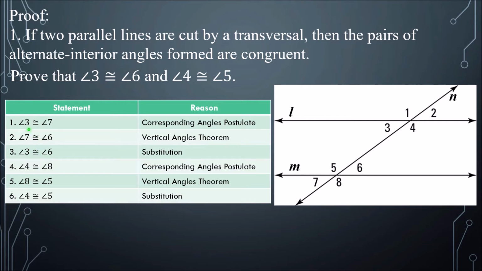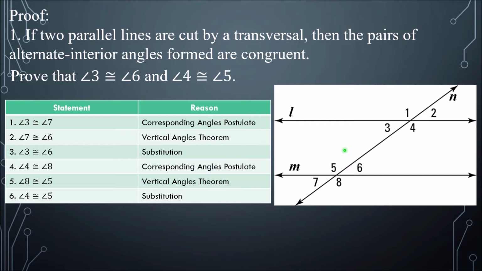Now, as you can see, angle 3 is congruent to angle 7, and angle 7 is congruent to angle 6. We substitute angle 3 for angle 7 here, and as a result, we have angle 3 is congruent to angle 6. Substitution. That's the first that we need to prove. Next, angle 4 is congruent to angle 8, again by the corresponding angles postulate.